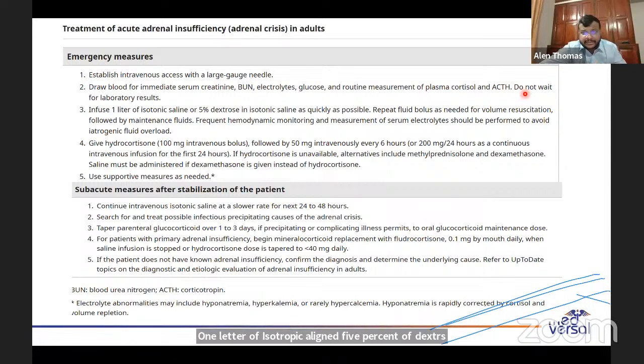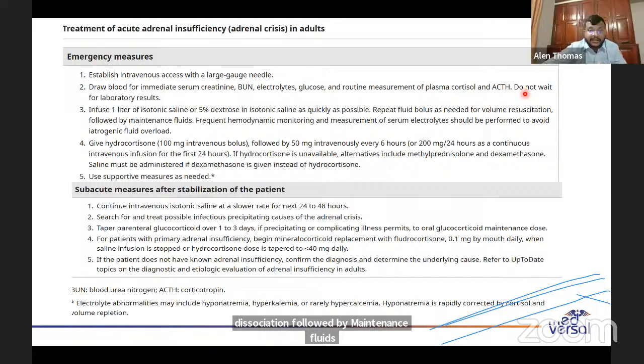And repeat the fluid bolus as needed for volume resuscitation, followed by maintenance fluids. Frequent hemodynamic monitoring and measurement of serum electrolytes should be performed to avoid any iatrogenic fluid overload. Hydrocortisone is very, very helpful because it has both mineralocorticoid as well as glucocorticoid activity.